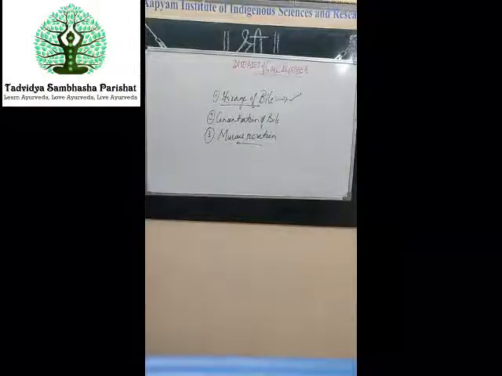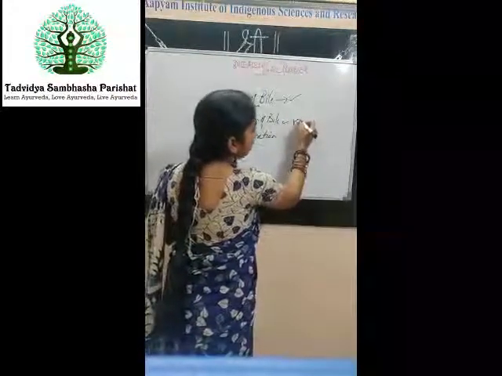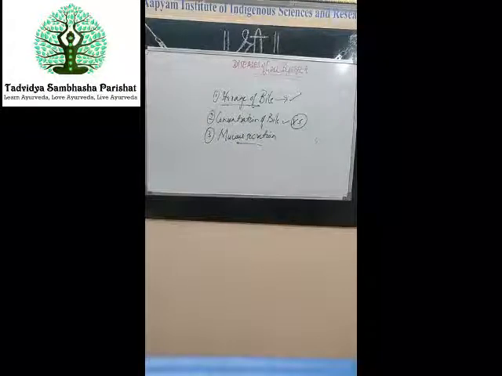Now, next is with respect to the concentration of bile. How does the gallbladder aid in concentrating the bile? Usually, whatever bile comes in and is stored is concentrated five times. How is that?